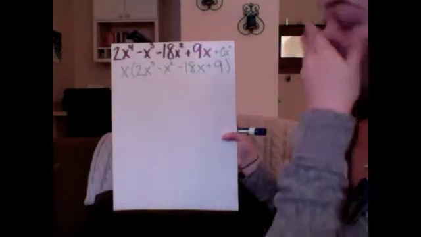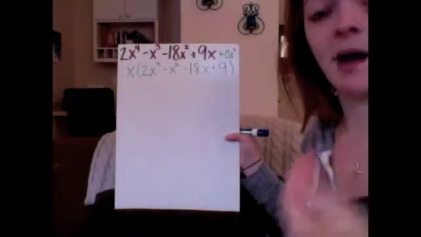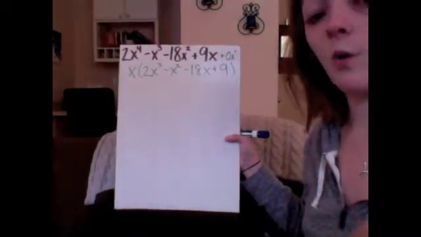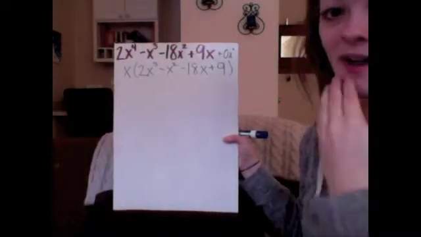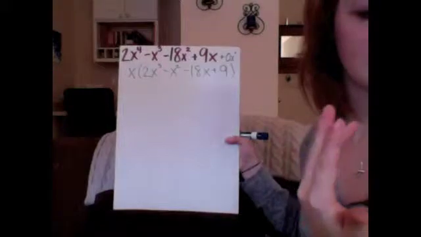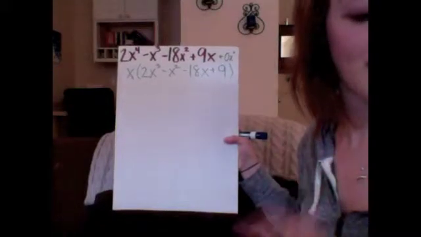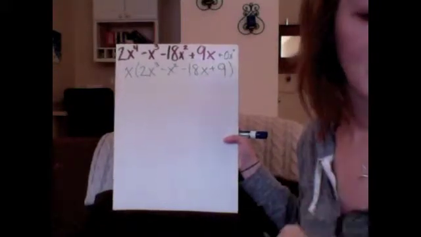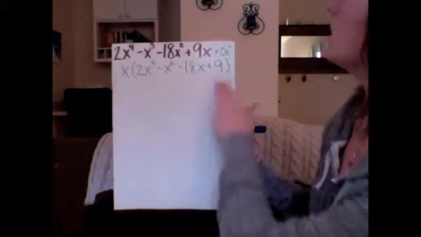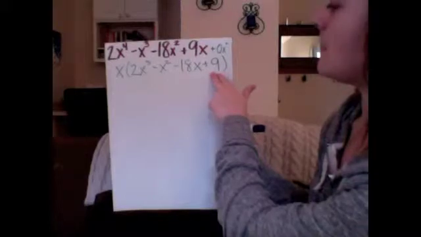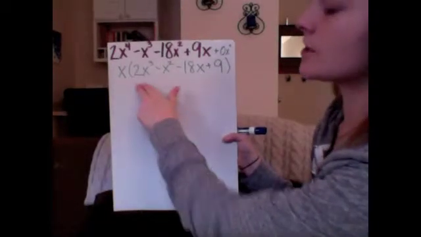The next thing I want to do, I could do a couple things. I could test my possible rational zeros, or I could look at my graphing calculator. So if you want to look at possible rational zeros, you'll find that you have possibles positive, negative for all of them: 9 halves, 3 halves, 9, 3, and 1, looking at my possible p factors and my possible q factors.